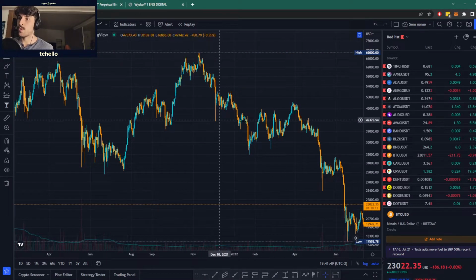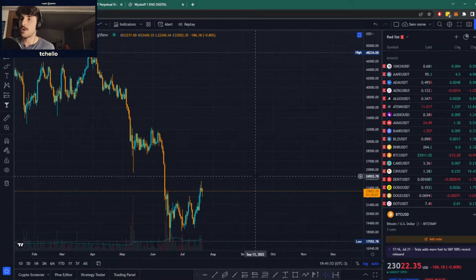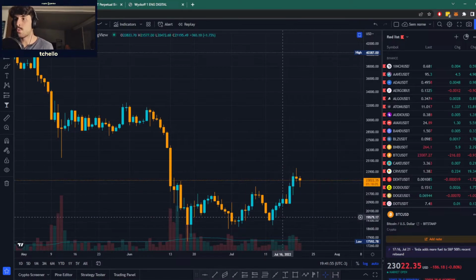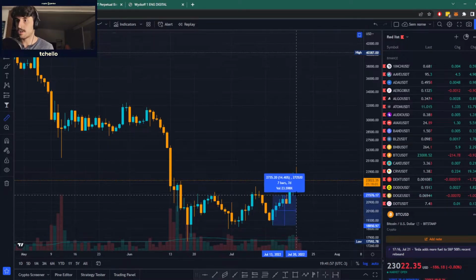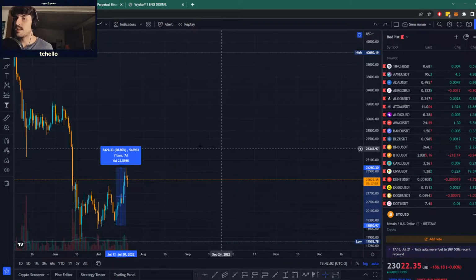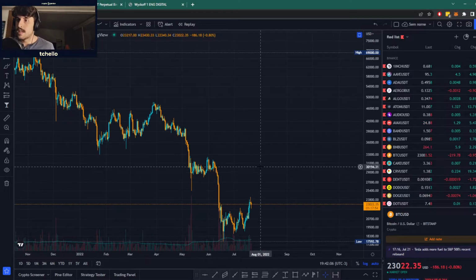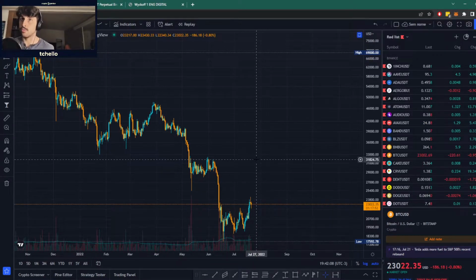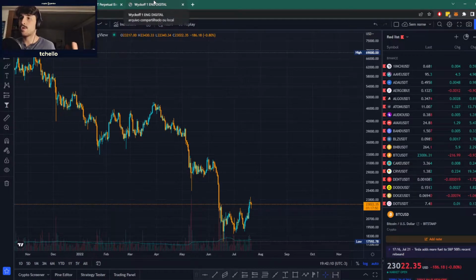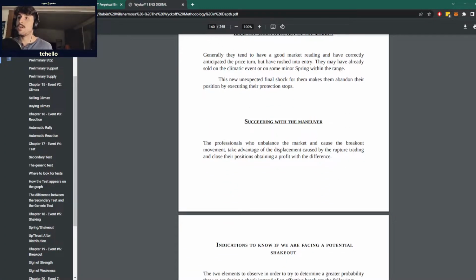What we are feeling when we see these charts, when we see Bitcoin going up, like even right now, basically 28% in 7 days, do you not get at least a little bit taken by FOMO, right? We all do. And that's normal. And that's why so many smart traders even get caught. And finally, they succeed with the maneuver.